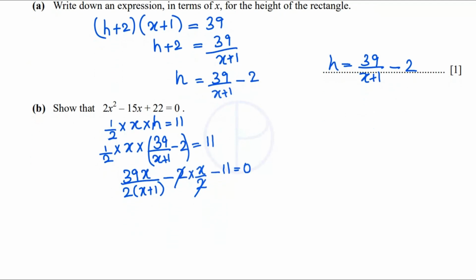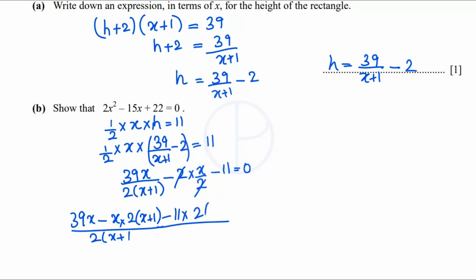Now let's take the common denominator, 2 times x plus 1. 39x minus x multiplied by 2 times x plus 1 minus 11 multiplied by 2 times x plus 1, and this is equal to 0. So let's expand the bracket. 39x minus 2x square minus 2x minus 22x minus 11.